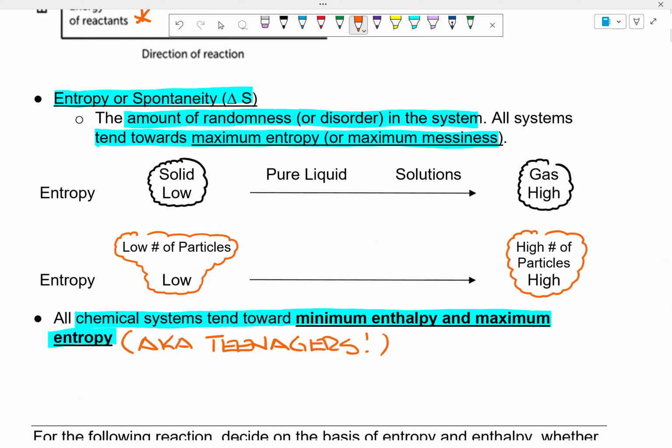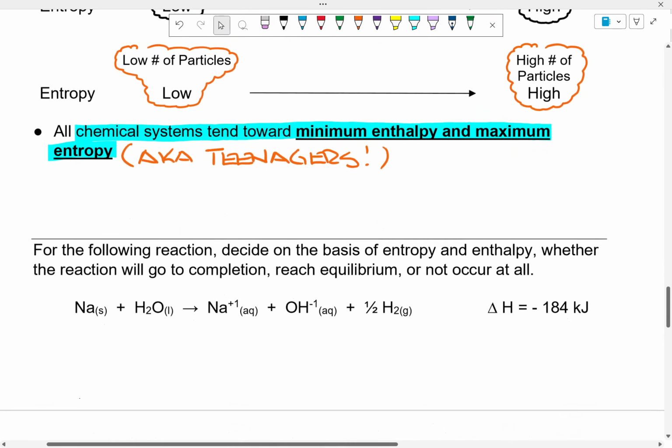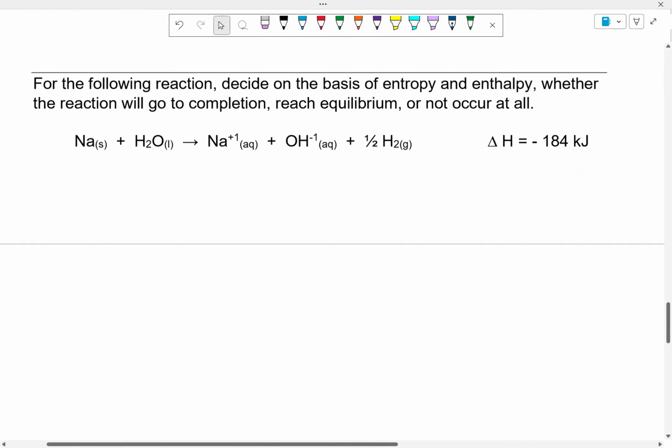So that is maximum messiness. So you folks, teenagers, are a perfect example of minimum enthalpy, where you want to be as low energy as possible and as messy as possible. Okay.